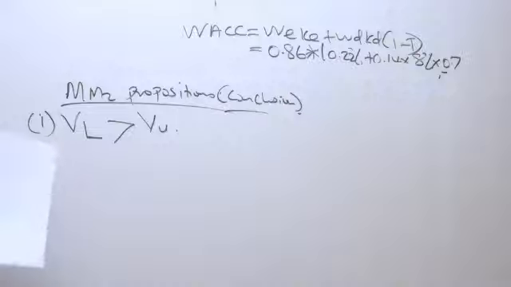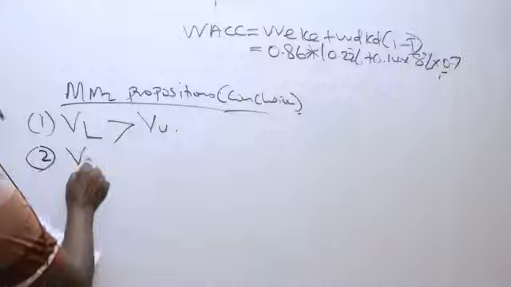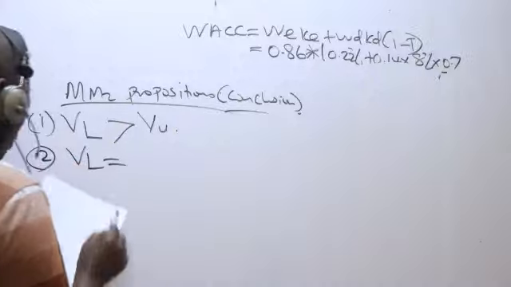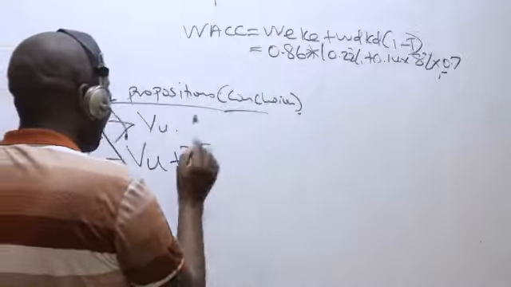Very, very important conclusion. Number two, a very important conclusion in the form of a formula: value of a levered firm will always be equal to value of an unlevered firm plus DT.